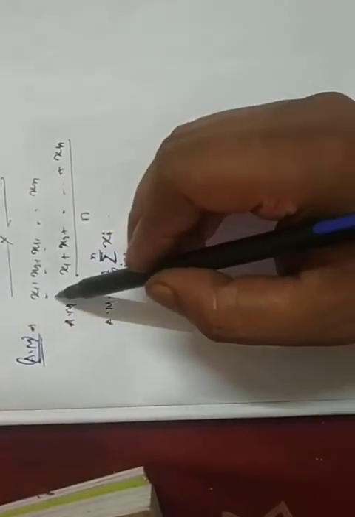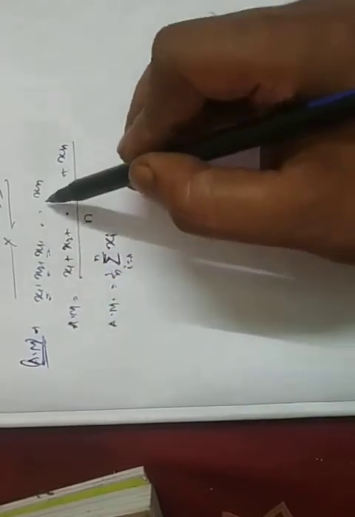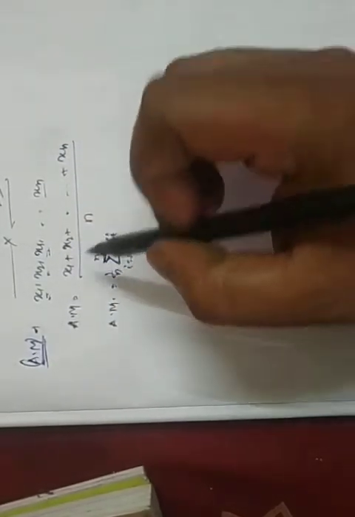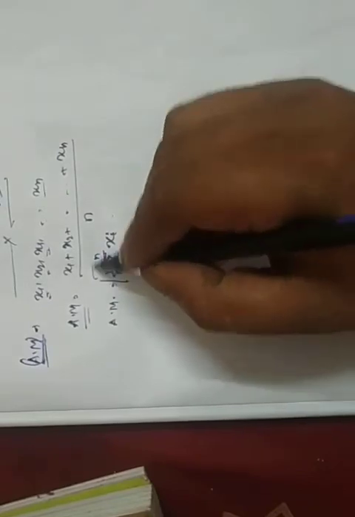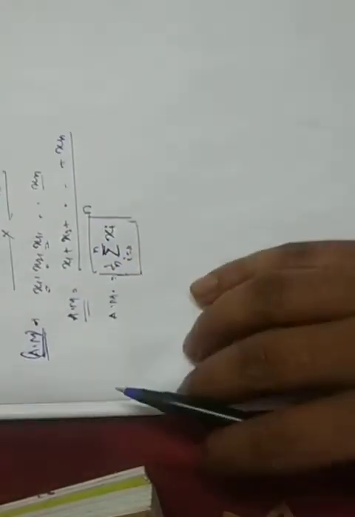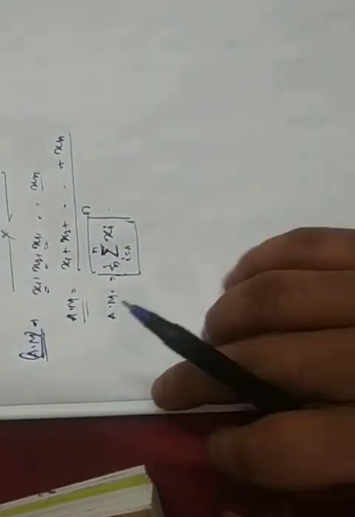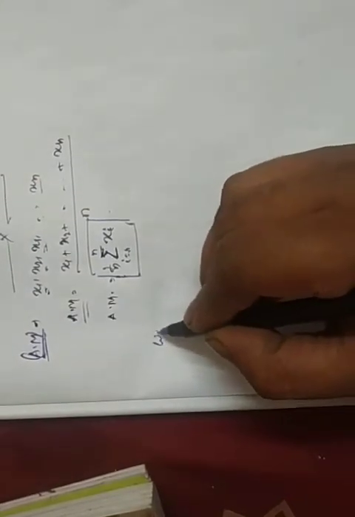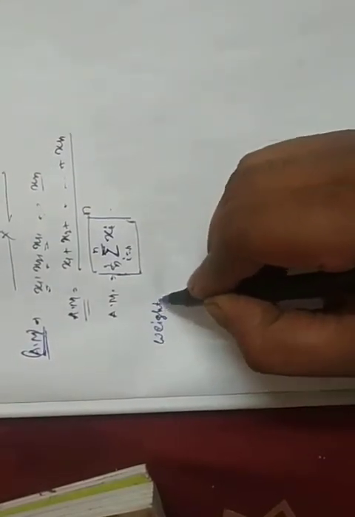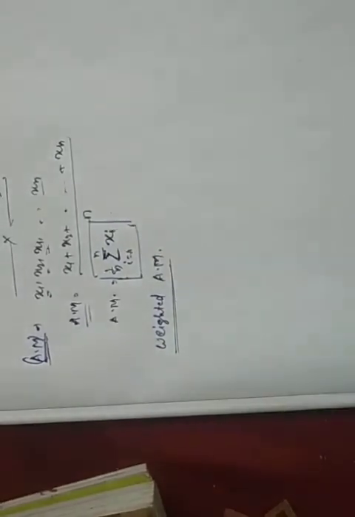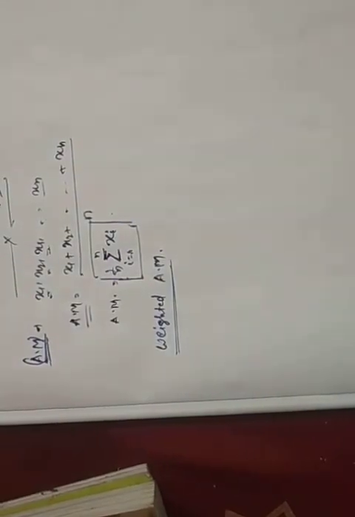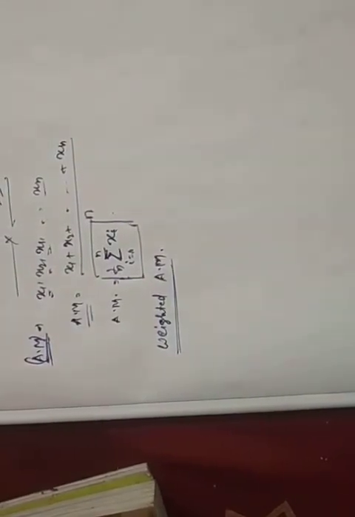So if the values of n observations are given, then the arithmetic mean will be the average of the numbers, and this is the form. This is the simple arithmetic mean. Next is the weighted arithmetic mean, weighted AM. Weighted means that if one value is occurring many times, that is, when the frequency is given.